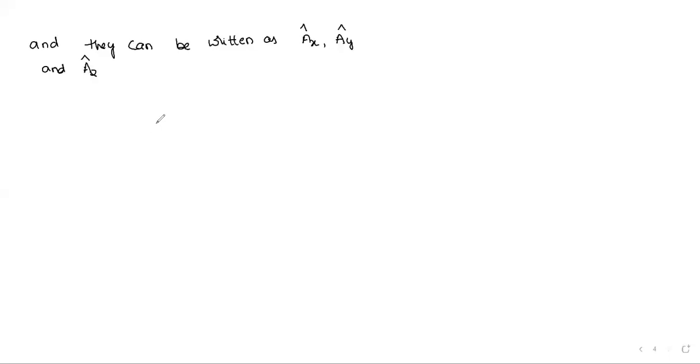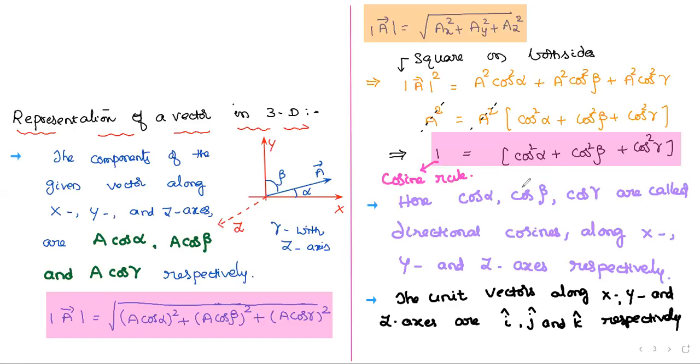You follow this one, Nana? Yeah, a x cap, a y cap, a z cap, which are nothing but i, j, k. Then how to interrelate these unit vectors with the directional cosines.